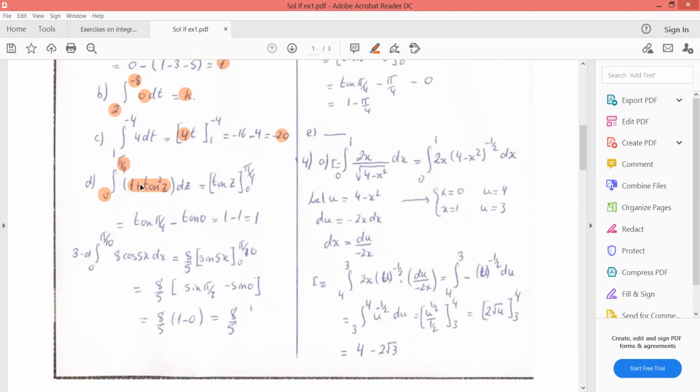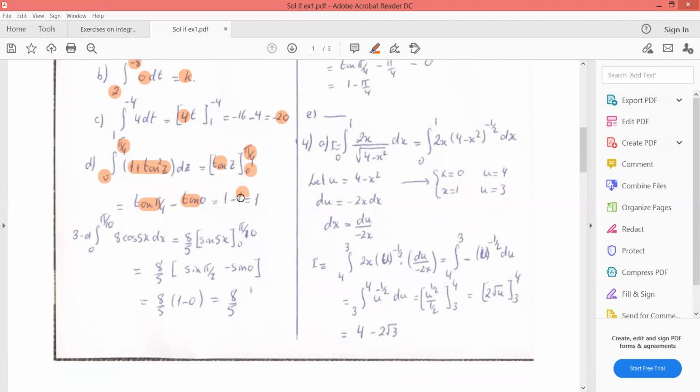We saw this integral before: 1 plus tangent squared is tangent z between 0 and pi over 4, equal tangent pi over 4 minus tangent 0. This is 1 minus 0, so it is equal to 1. I am writing these in the notebook and I am not paying attention, I am writing them wrong. This 0 should be here.